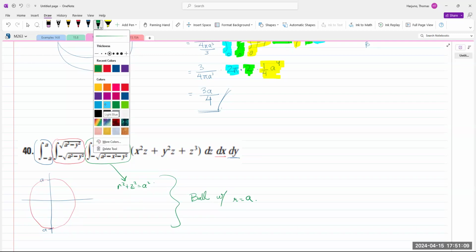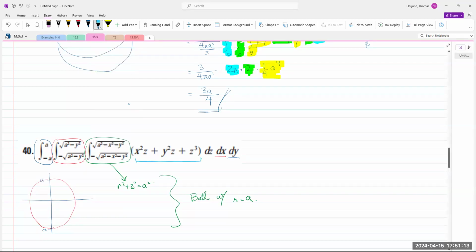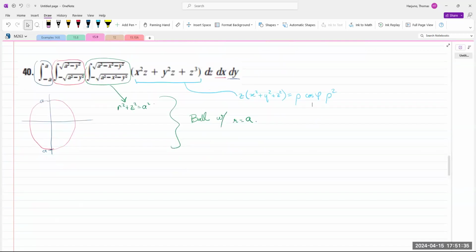Let me use maybe light blue color. I can factor the z here. x squared plus y squared plus z squared, that's rho squared. But z itself is rho cosine phi. Okay, now I think I'm ready to do that.